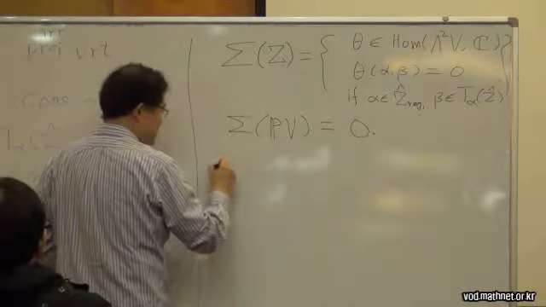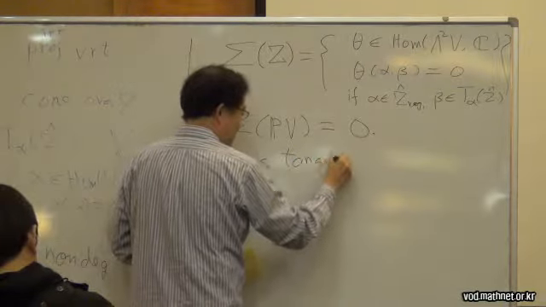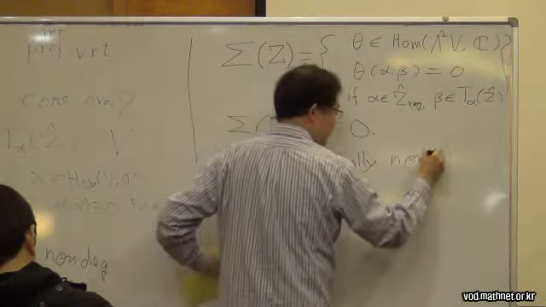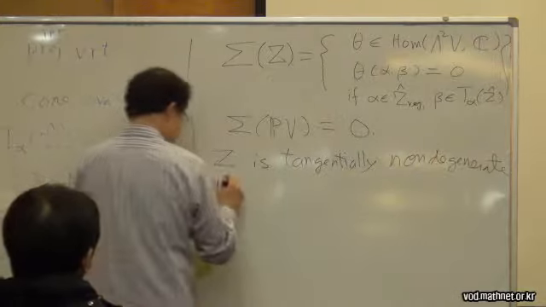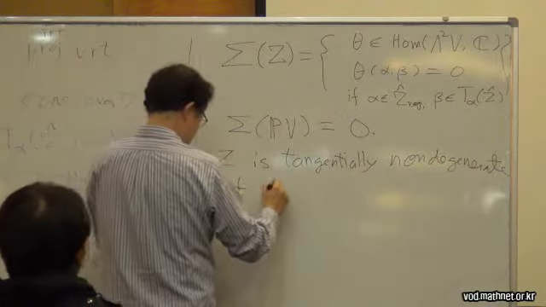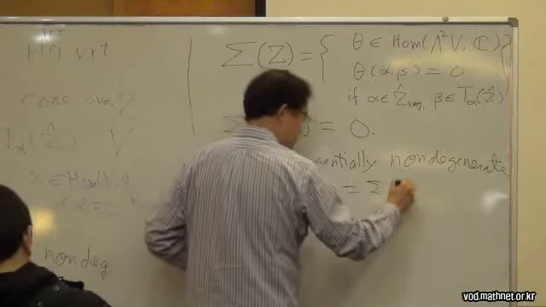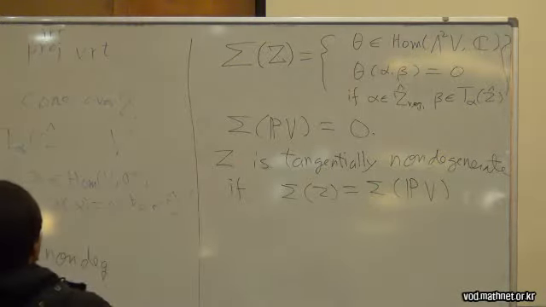Then Z is tangentially non-degenerate if sigma z is equal to sigma PV. It's sort of similar to this here.